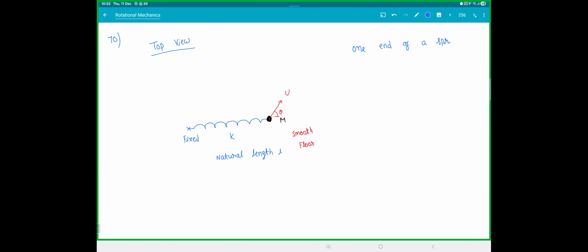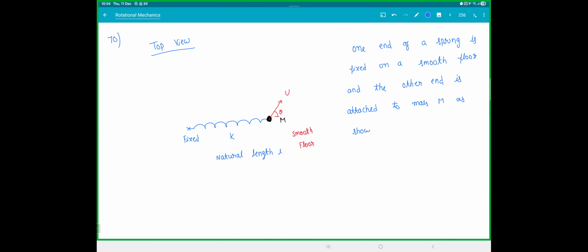So one end of a spring is fixed on a smooth floor, and the other end is attached to a mass m as shown.